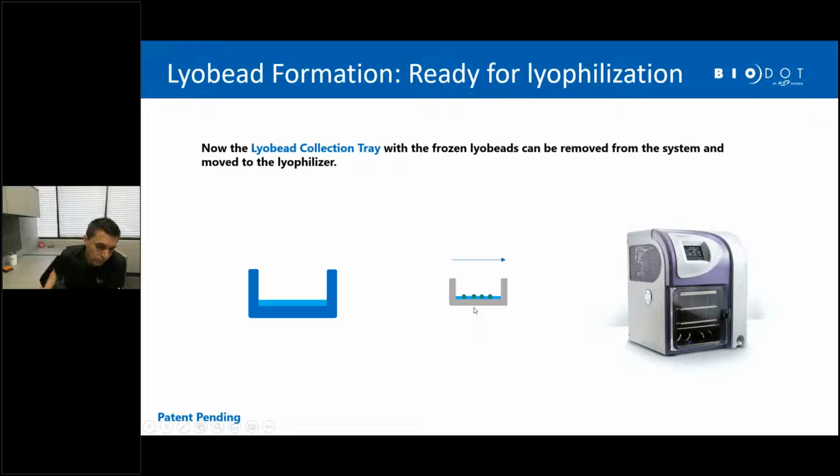That's important, mostly because of timing. Once you've frozen the beads, they need to stay frozen throughout the process until they move into lyophilization, so you typically want some trace amount of liquid nitrogen to make sure the beads stay frozen. Ideally, you do an immediate transfer of the tray directly to the lyophilizer, but sometimes it's not practical.